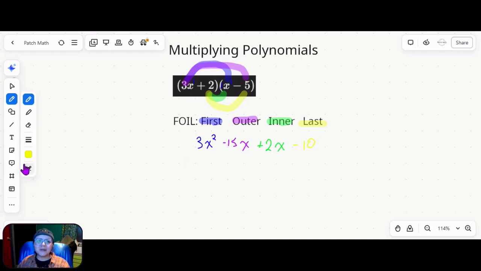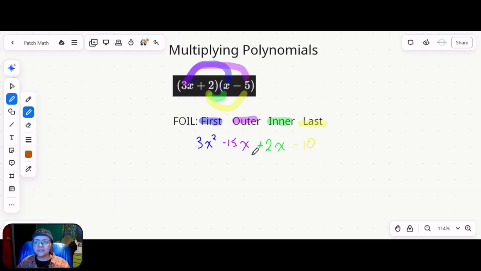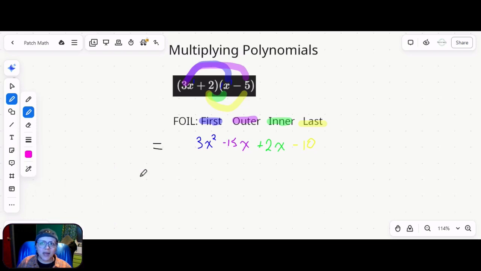What you have now is a polynomial where we can simplify by combining like terms. In this case, we do have like terms as the negative 15x term has the same variable with the exact same exponent as the 2x term.